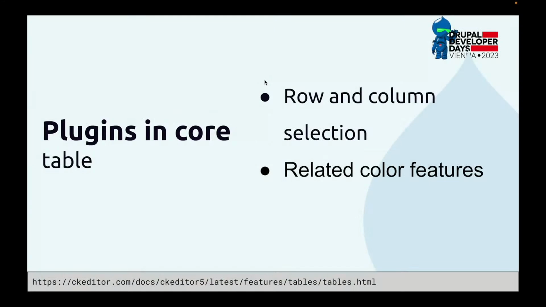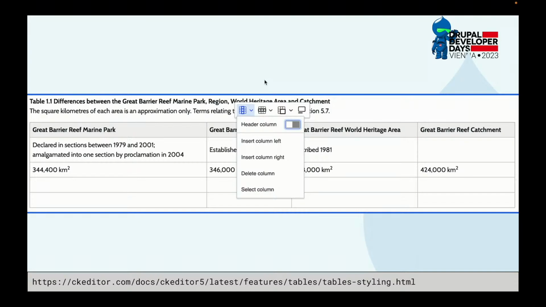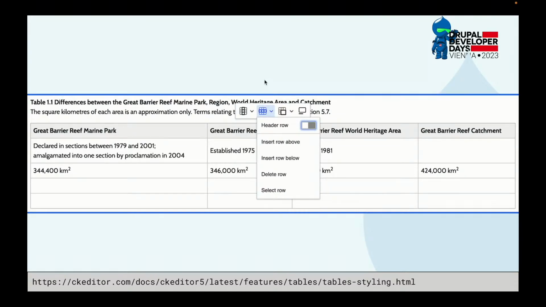If you go through the release notes, you'll see that the color picker now reacts to the table in version 38 of CKEditor as well. So a lot of work, where you can actually now select columns, select rows, and yeah, definitely do way more than you used to be able to do in CKEditor 4.